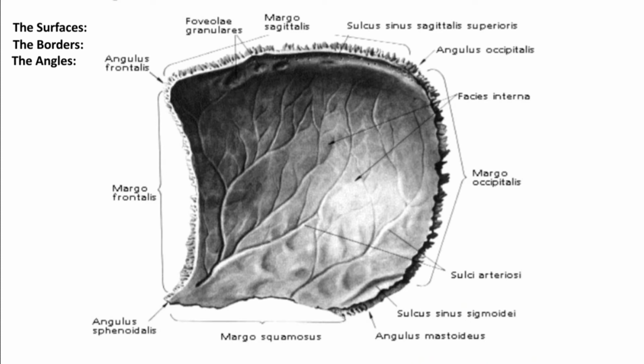So this is the internal surface of the parietal bone. Again you can see the angles. Angulus sphenoidalis down there. You see, it's easy to tell which bone this is. So it's the right parietal, because if you hold it in the anatomical position, you'll be able to see that.